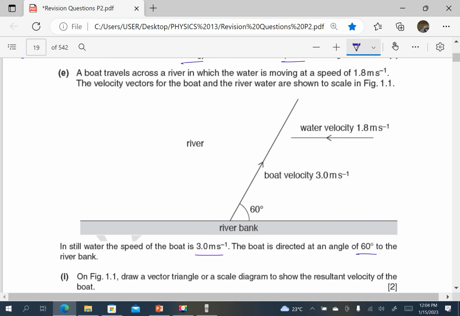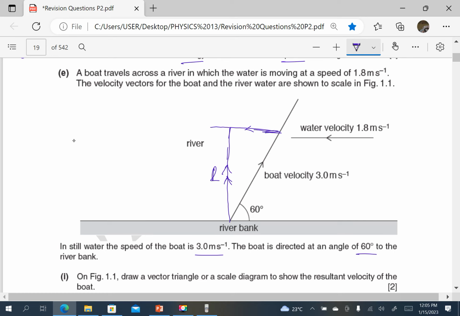So I will just draw a vector triangle. I'll transfer 1.8 onto this vector so that it is head to tail, and the resultant is going to be somewhere here. So that is my vector triangle.